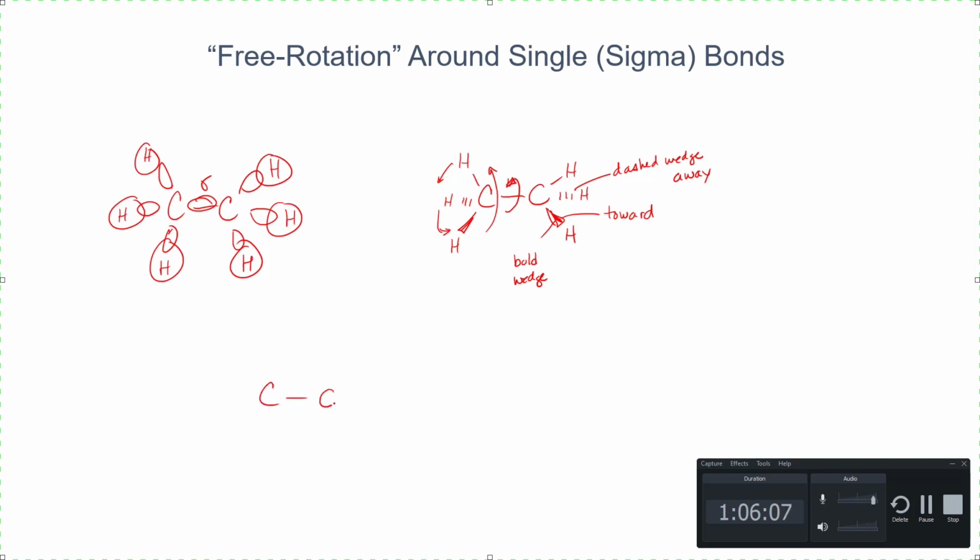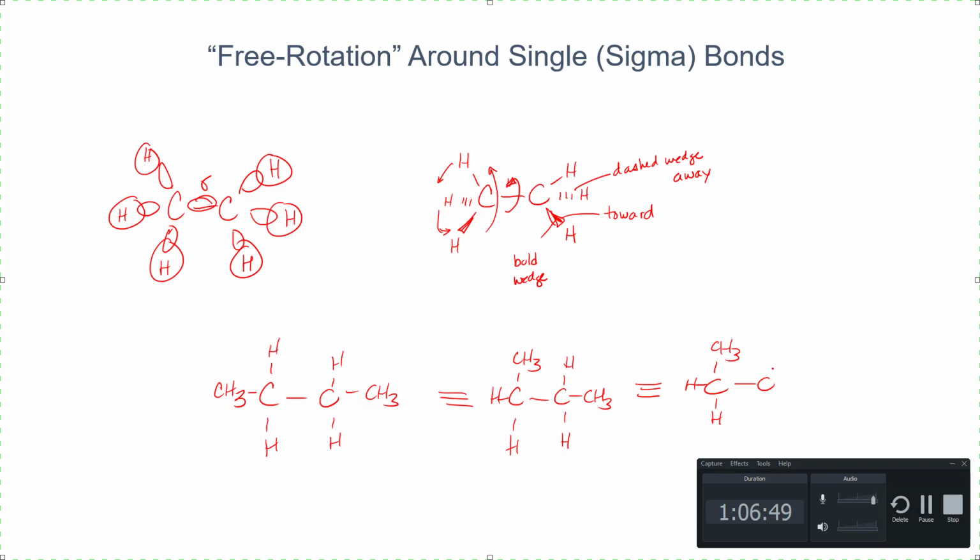If you had, for instance, this Lewis-Dot structure, and you wanted to think of this in terms of rotating groups, this structure is the same as having the CH3 group up here, or having the CH3 group down here.